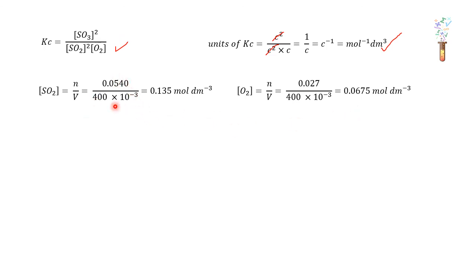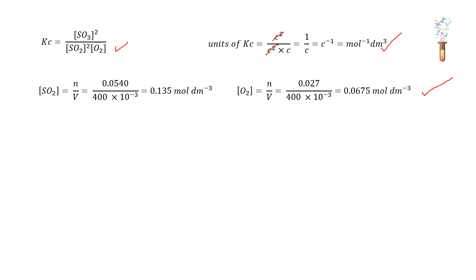Concentration is moles over volume, making sure the volume is decimeters cubed. So the first thing you do is you get a mark for both of those concentrations. You have to actually work out both of those for that mark. So if you forget to do this, you wouldn't lose all the marks, but there's 1 mark for converting to concentration.